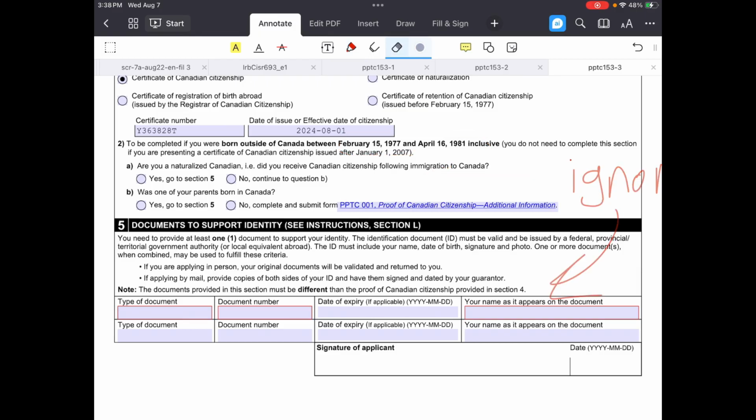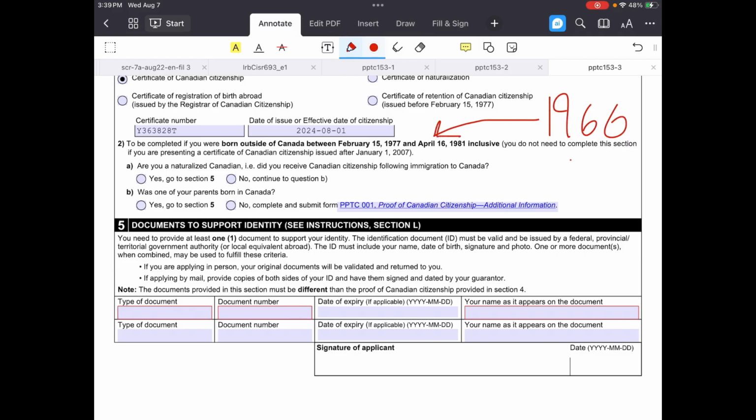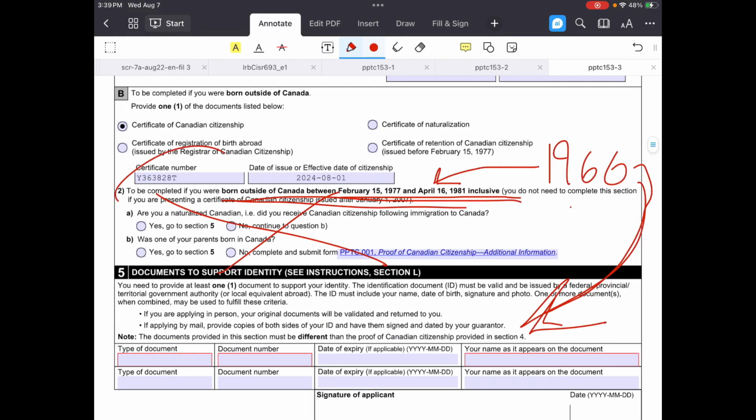I mentioned in the beginning of the video that I was born in 1966. 1966 is not between these dates, so I can just move down to section number 5 and leave these questions blank, and you do not need to answer them if you were not born between these years outside of Canada. So if you were not born outside of Canada between these dates, you just move on to section 5 after you included the certificate number and the date, and you chose the type of document you're willing to show.